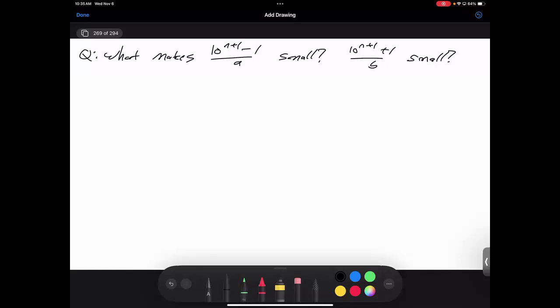Yeah, what would make that term small? That is zero. Okay, so if n is small, or what else? A is large. So the worst case for us is if a is 99. What value of n will guarantee that it's at least 2?